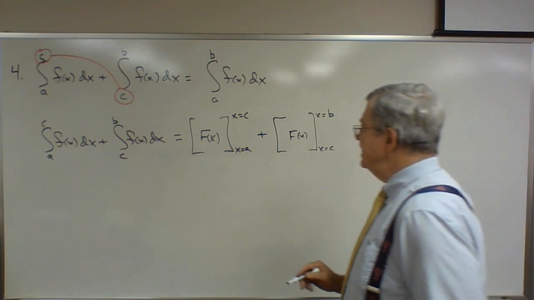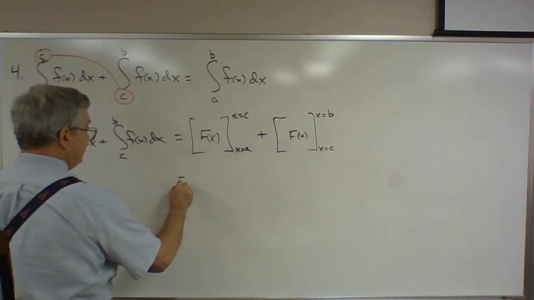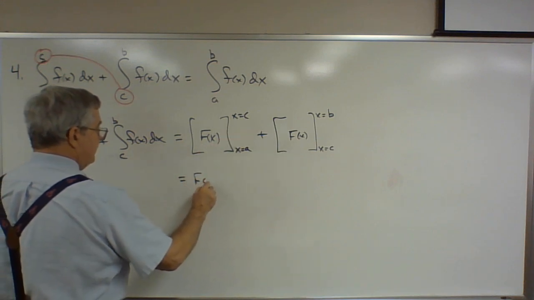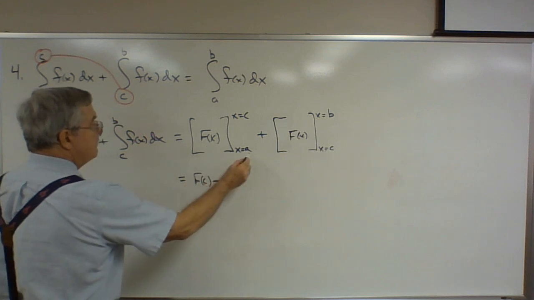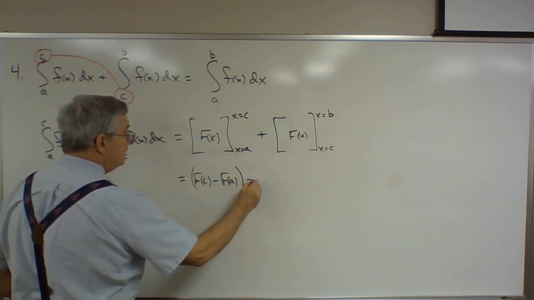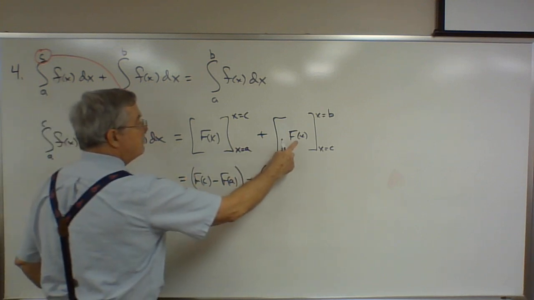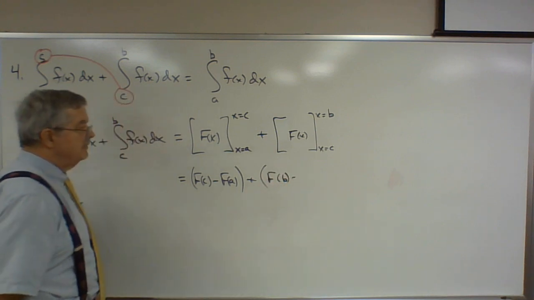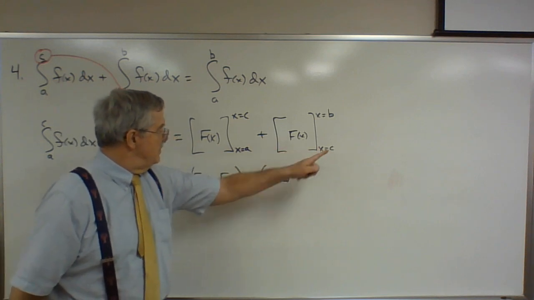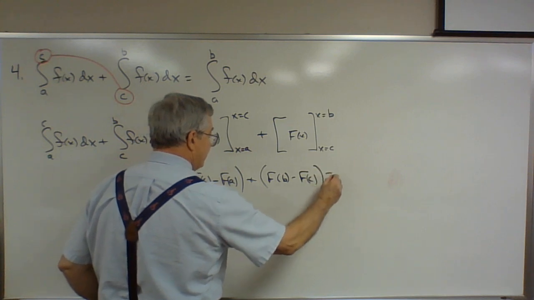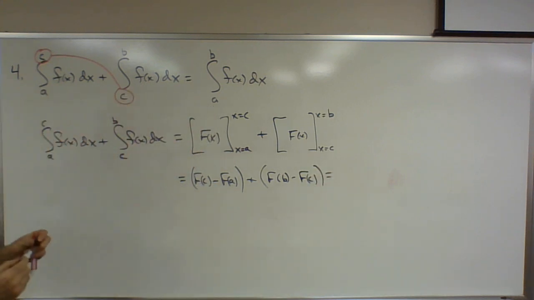Now, let's evaluate each of these things. Here we're going to get capital F evaluated at the upper limit minus capital F evaluated at the lower limit, plus capital F evaluated at the upper limit, minus capital F evaluated at the lower limit. And notice something.